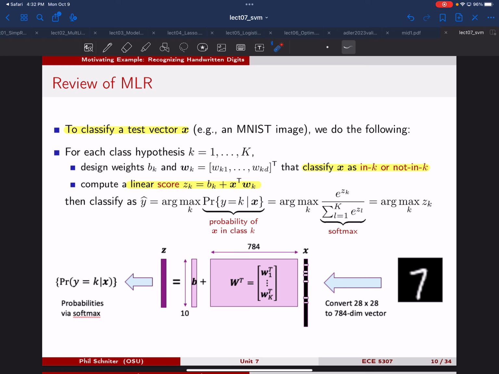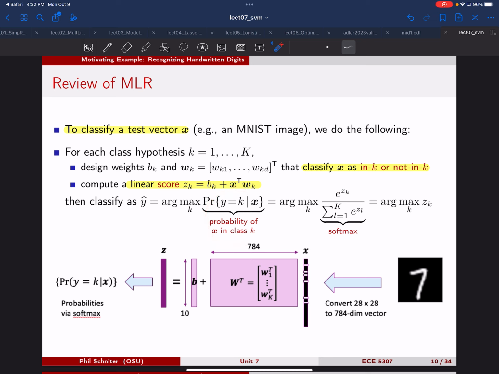But if you look at this, the denominator is just a constant across all these z's. So really, you're just focusing on the numerator when you do that. And you actually can just look at the z's themselves, because the z_k that leads to the largest class probability is actually just the largest z_k.